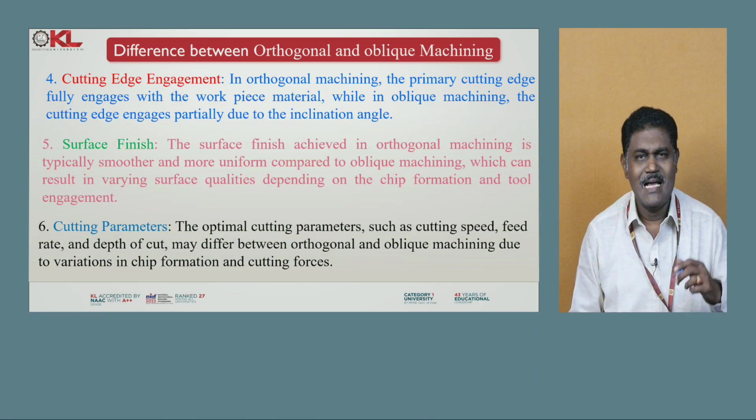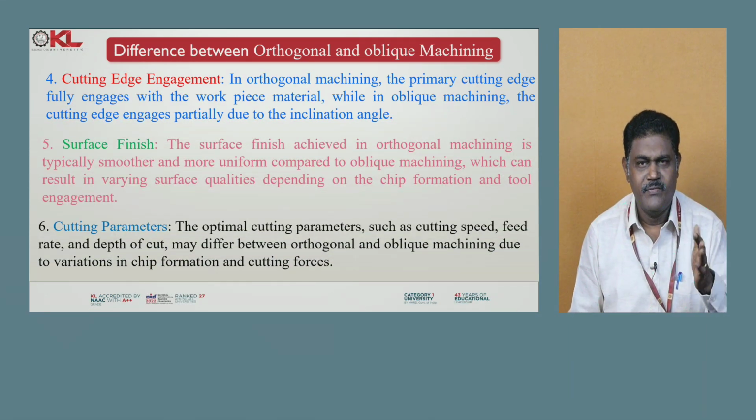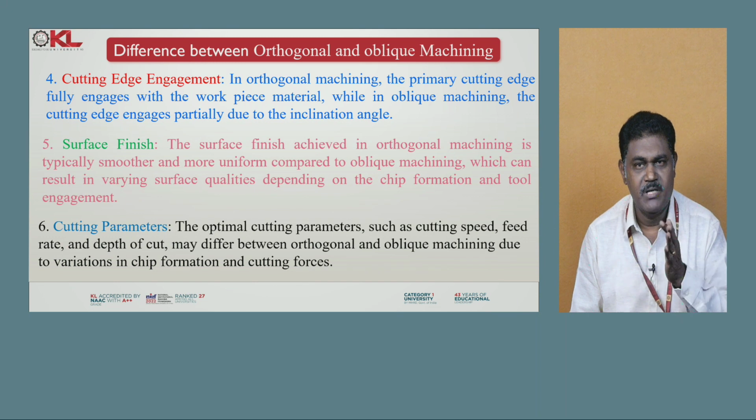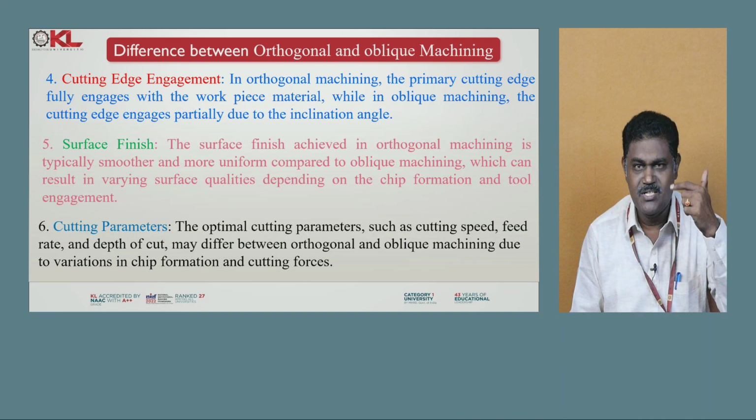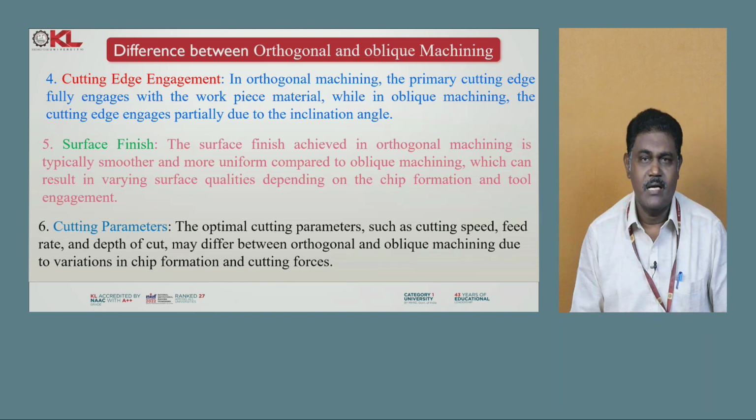Next are the cutting parameters. If we compare the cutting parameters of orthogonal and oblique machining, the optimal cutting parameters such as cutting speed, feed rate and depth of cut may differ due to the variation in chip formation and cutting forces.